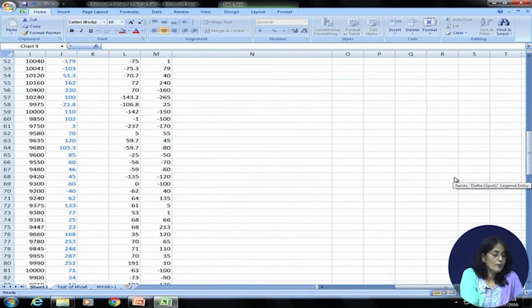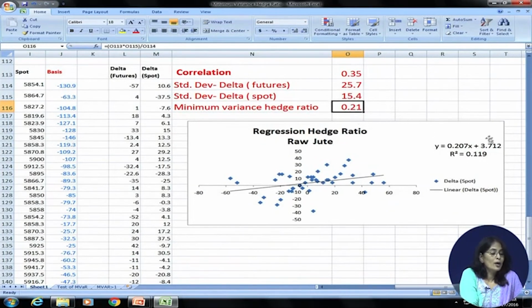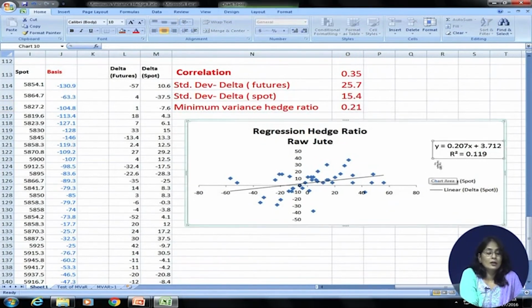Similarly, for your raw jute, the beta is 0.21, and in this particular equation y equals 0.0207x, which is the same as your 0.21. We can find the minimum variance hedge ratio by using the formula method or by using the regression method.